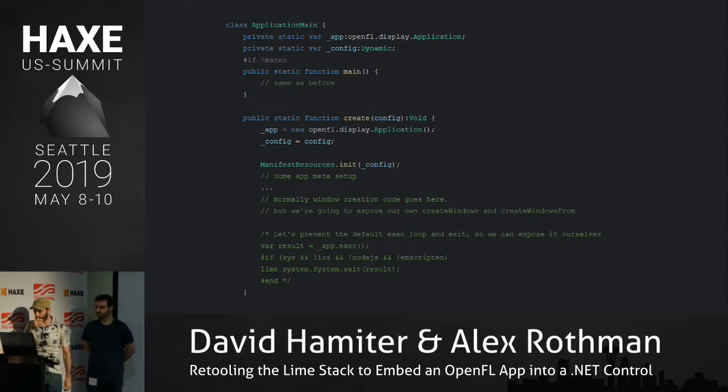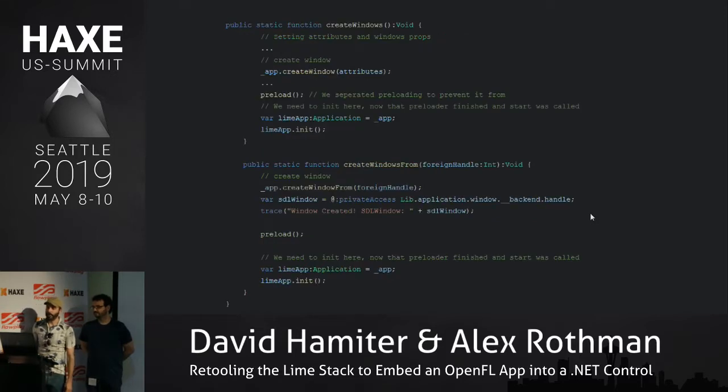So made some modifications. So now create is pretty thin. It just sets up some meta, and then just waits for the other side to call. At that point, there's some methods exposed. You got good old create window, the standard that was always there, just shoveled into its own little function, callable.